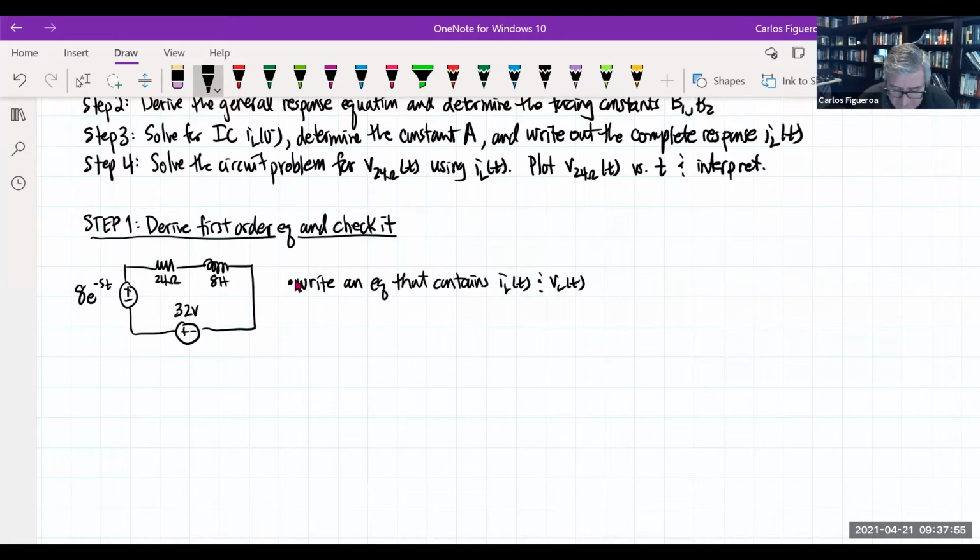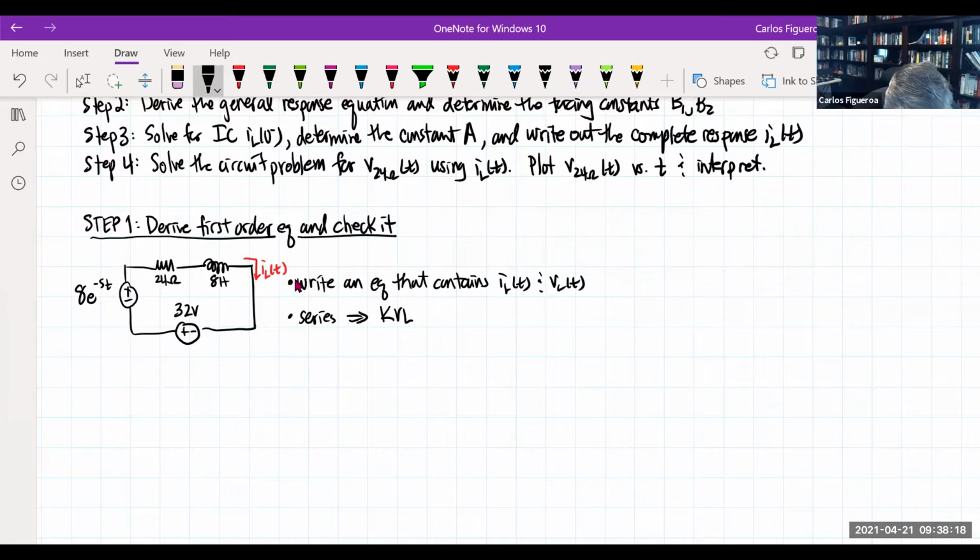And you could see that because this is series, that implies that you want to use KVL. So I'm going to use KVL. I'm going to go all the way around. Note that because they're in series here, the current in this circuit is IL.